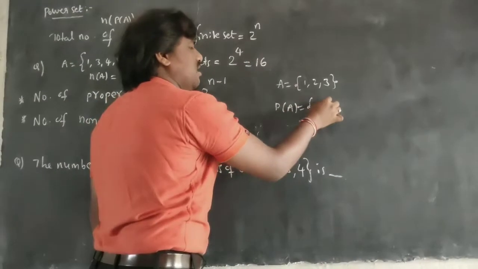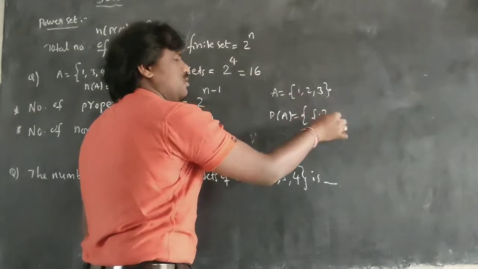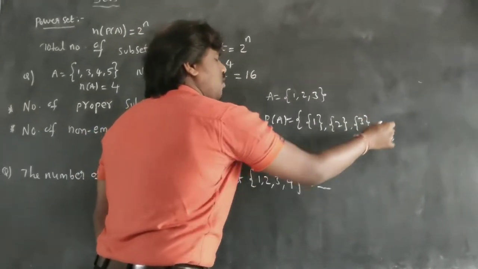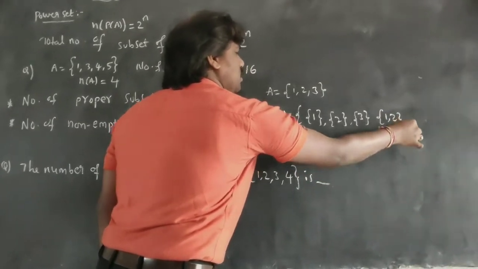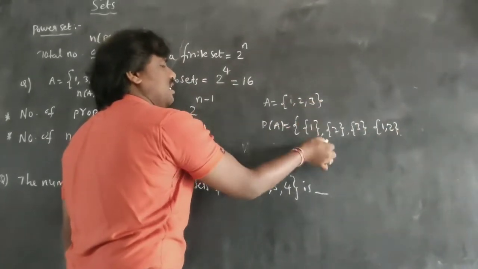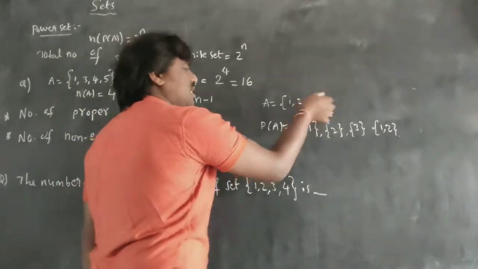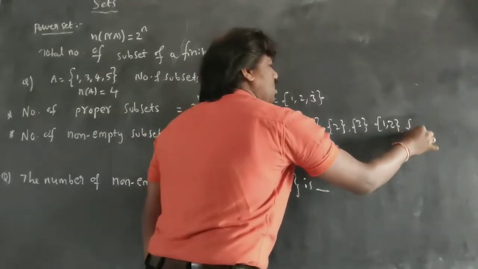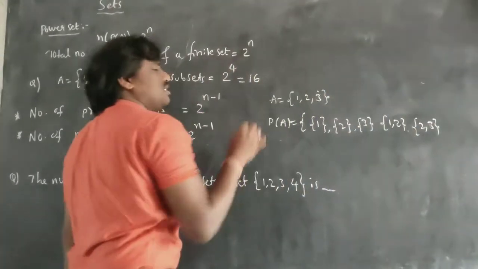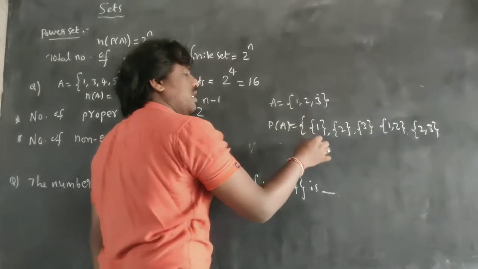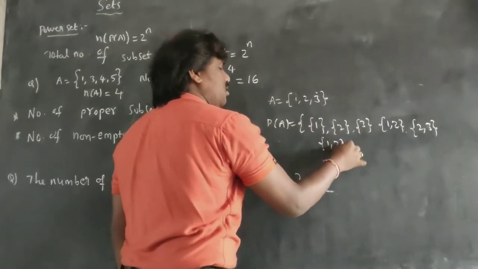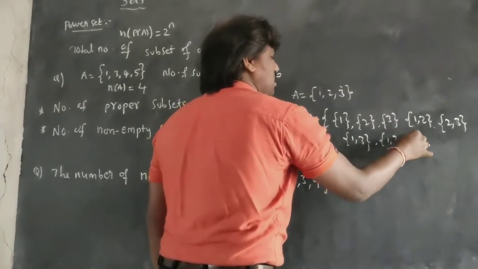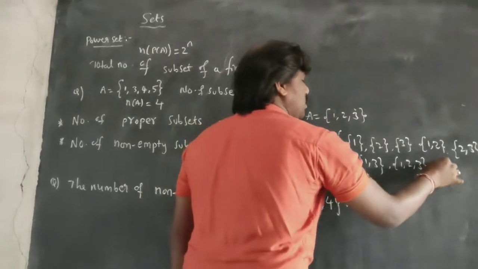So what are the subsets here? {1} is a subset, {2} is a subset, {3} is a subset, {1, 2} is a subset because 1 and 2 are contained in this, {2, 3} is a subset, {1, 3} is also contained in this so it is a subset, and {1, 2, 3} is a subset, as every set is a subset of itself.